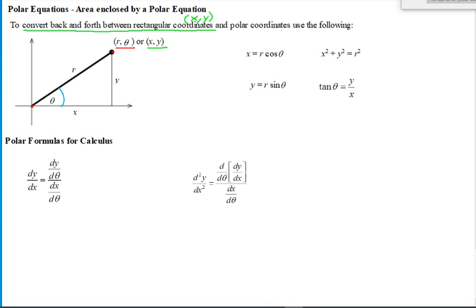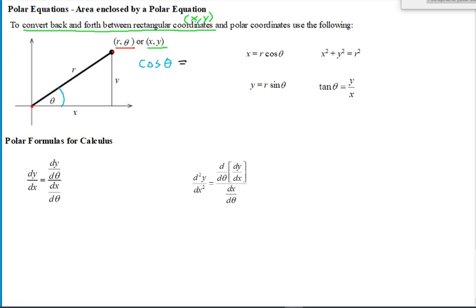So remember where these conversions come from. The two we'll use most often are these first two, x equals r cosine theta and y equals r sine theta. So if you take the cosine of angle theta, remember cosine using SOHCAHTOA is the adjacent over the hypotenuse.